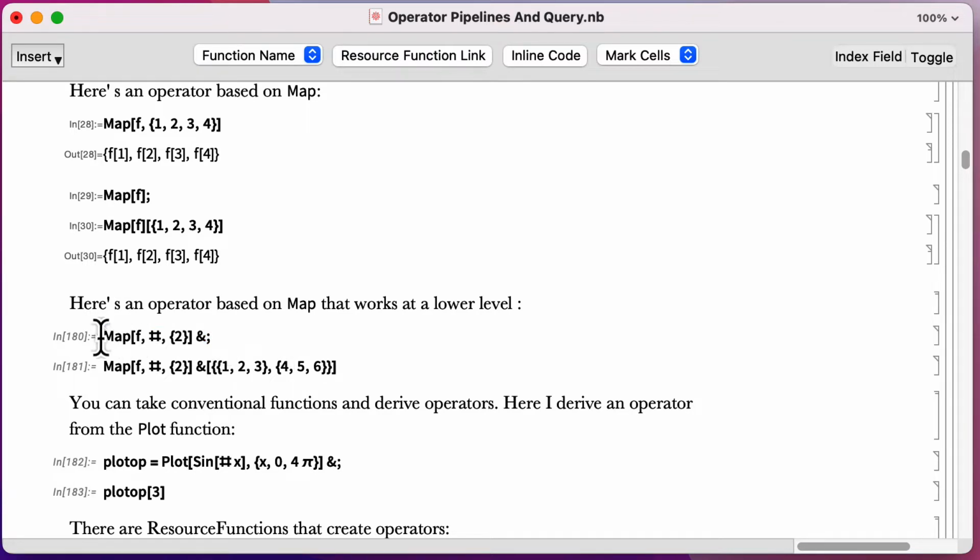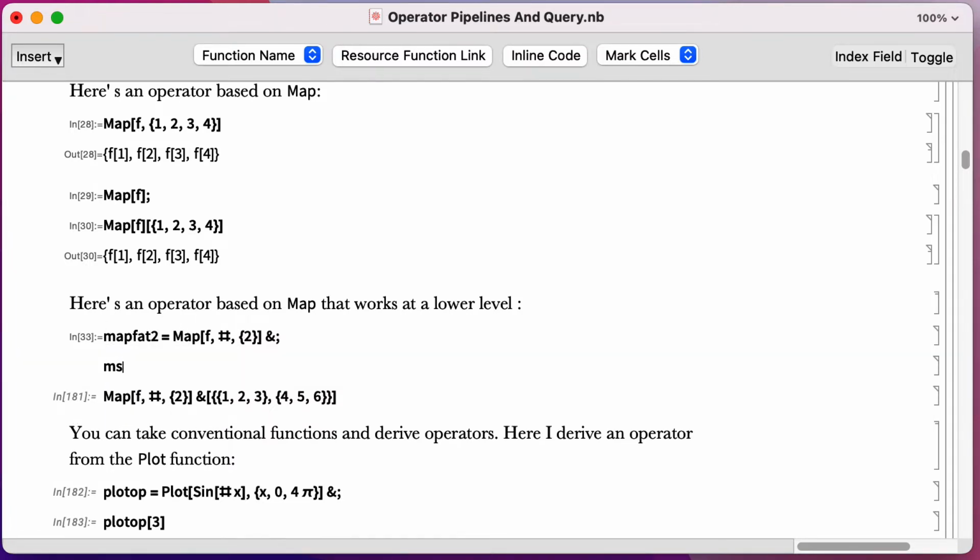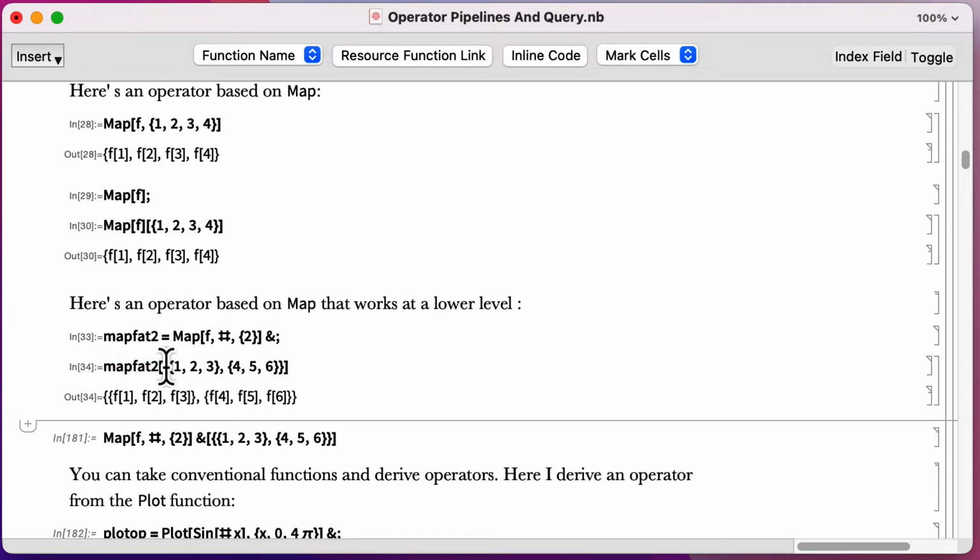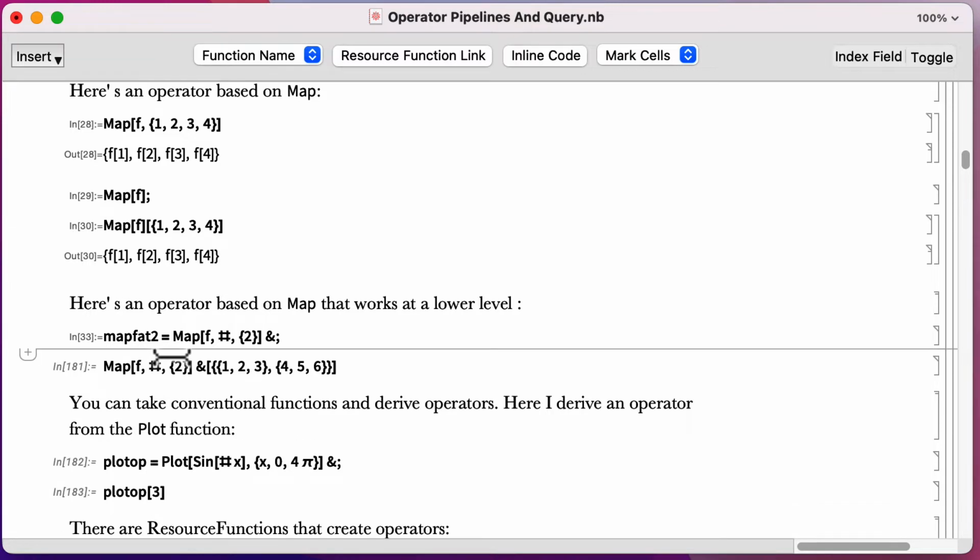So I could name this map at 2, and then I could say what is map at 2 of this little matrix here. And it does what I said, f of 1, f of 2, f of 3, f of 4, f of 5, f of 6.